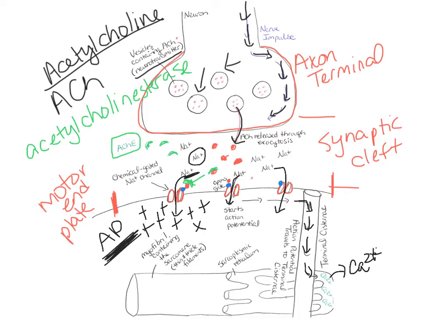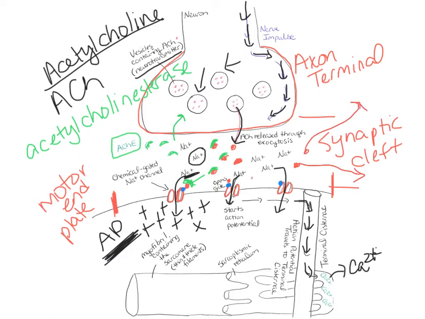It breaks it down into acetic acid and choline. Some of the acetic acid is going to be reabsorbed into the synaptic cleft so that it can be reused to make new acetylcholine. And then some of the acetylcholine is just going to diffuse away from the synaptic cleft, and then that won't even be used.